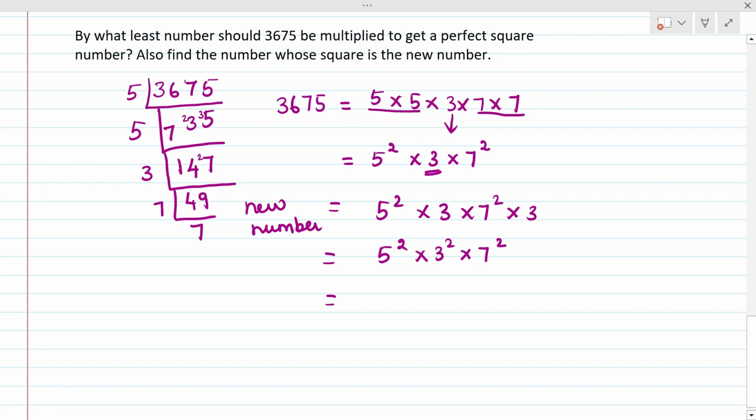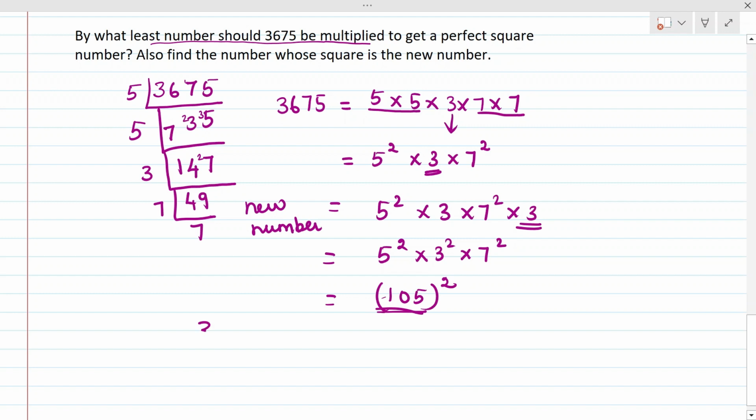So what is this? 5 into 3 is 15. 15 into 7 is 105. 105, the whole square. So what number are we using to multiply? 3. So by what least number should this number be multiplied? We are using the number 3 to multiply this number, and then the new square number is 105 squared. This is the answer.